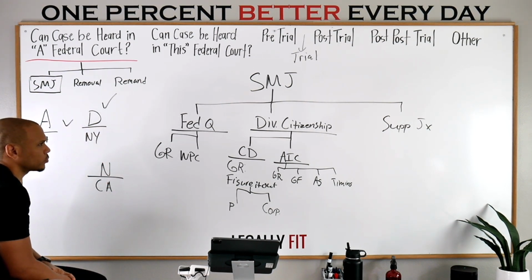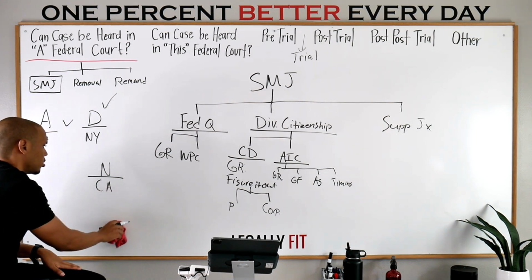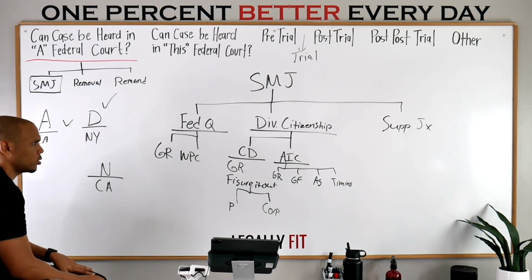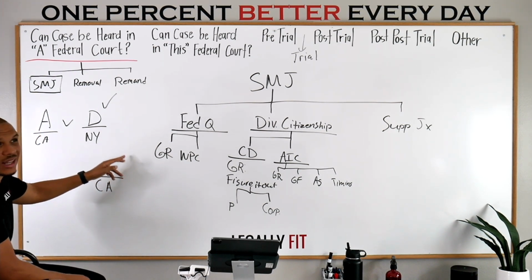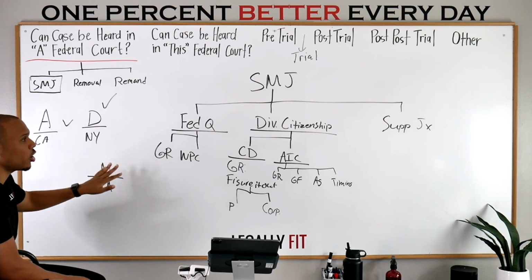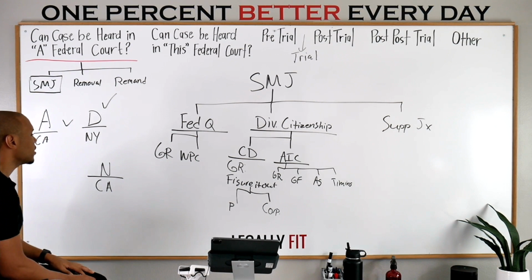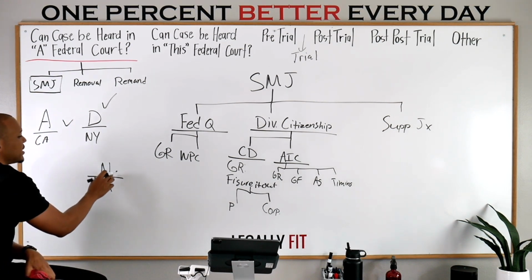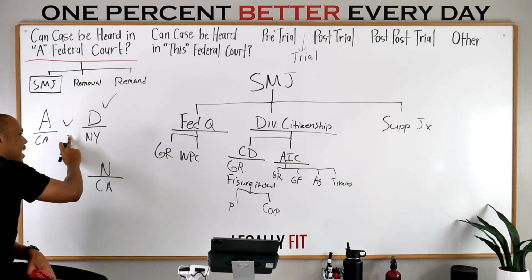If it satisfied diversity. No. If it was from the same transaction or occurrence. Exactly, because realize if it satisfied diversity, she doesn't need to latch on to nothing. She's got it on her own. But since she could not satisfy one of these two, she now needs it. And you look to see if her claim arises out of the same transaction and occurrence as Allison's claim.